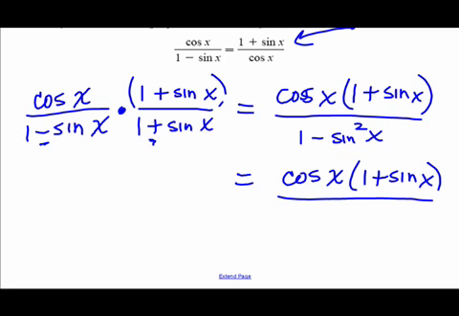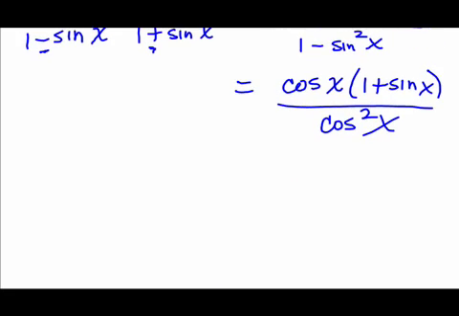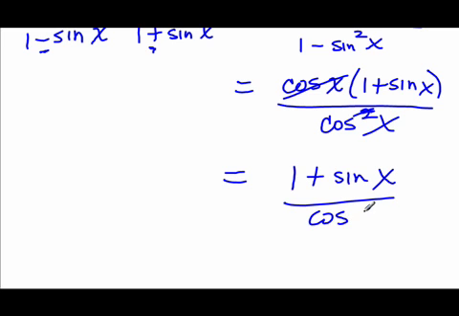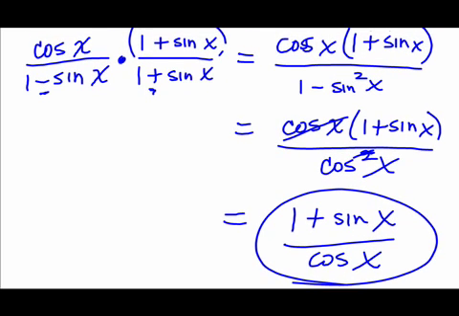Cosine squared x. So I have cosine times cosine in the bottom. I got one cosine up top. That cosine cancels out one of those cosines, and I have 1 plus sine x over cosine x, which is the other side. See, it looks so easy when you do it.